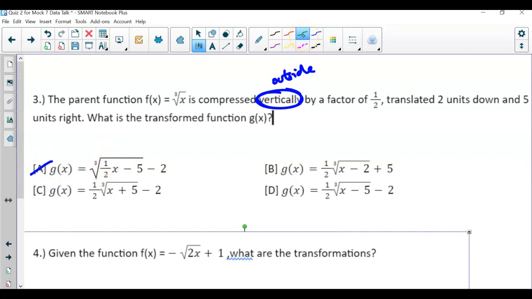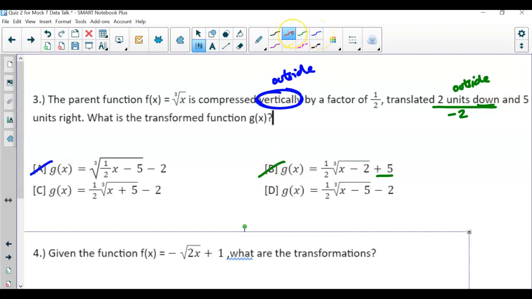Then here we are translating 2 units down. Again, with your vertical, this is also outside. So I need negative 2 because we're going down. I'm going to mark off B because this says plus 5 on the outside.